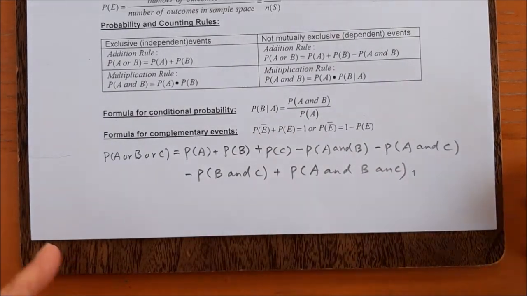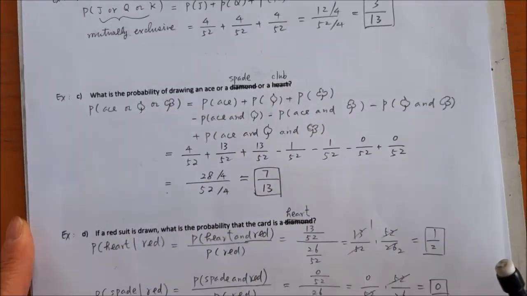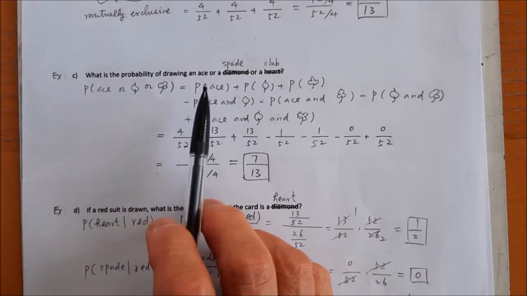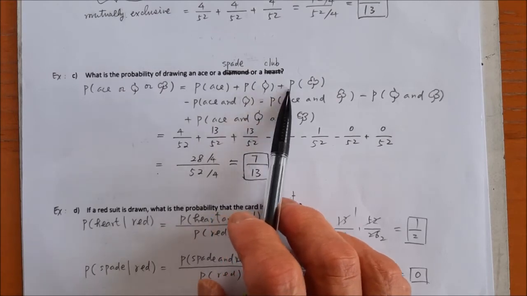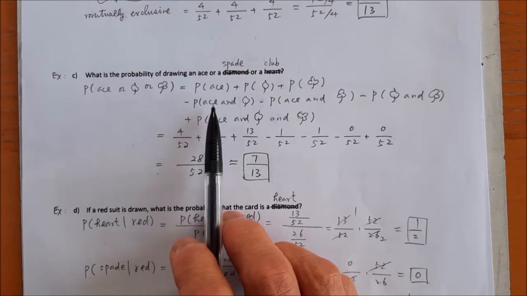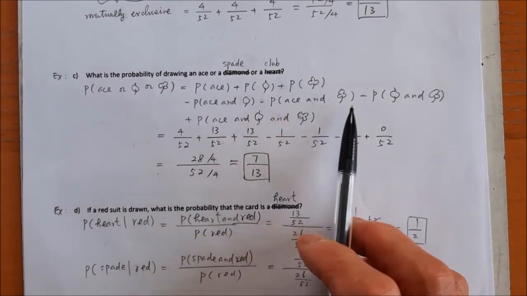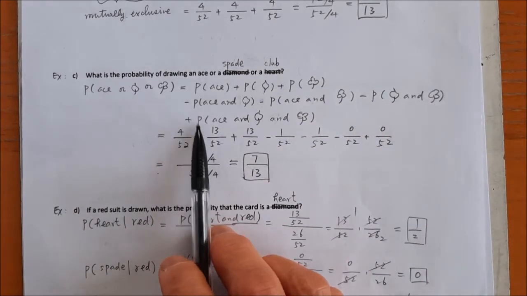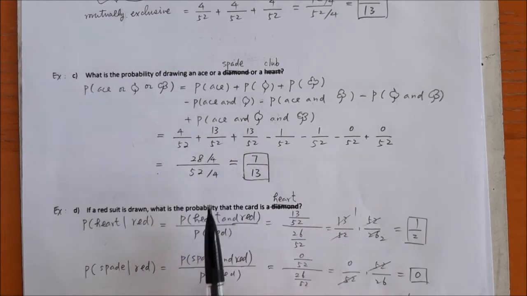So it's 3 events. So this one, 3 events get an ace. So it's equal to probability of an ace plus probability of spade plus probability of club minus probability of ace and spade minus probability of ace and the club minus probability of spade and the club plus probability ace and spade and the club.